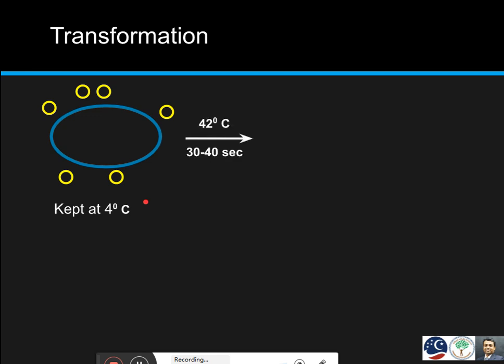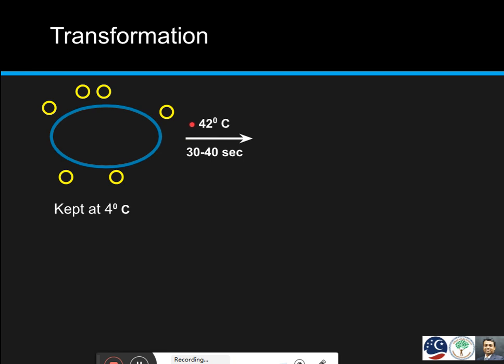Now what we'll be doing next is taking this mixture of the DNA and host cells and putting them for a very brief time period, something in the range of 30 to 40 seconds, at a higher temperature than 4 degrees centigrade, 42 degrees centigrade.